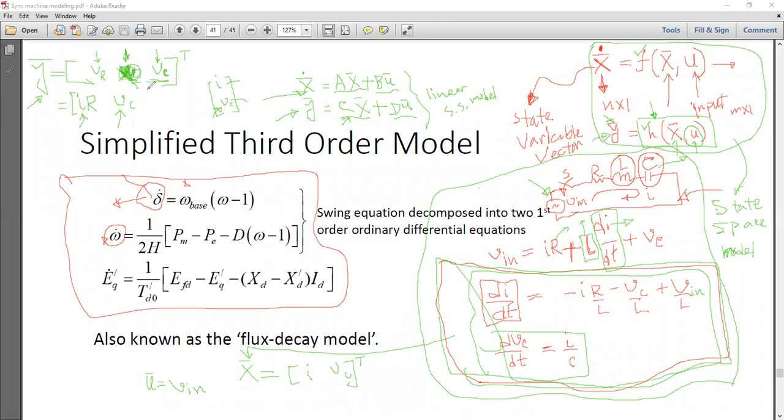And if you want, let me help you out. Instead of VL, we can take simply I as our third output variable. Why? Because it's easier to measure it. You know, simply if you place an ammeter here, you can simply measure it, right?